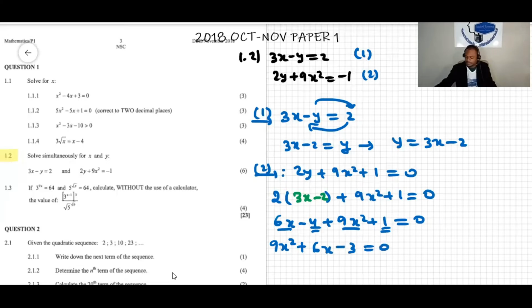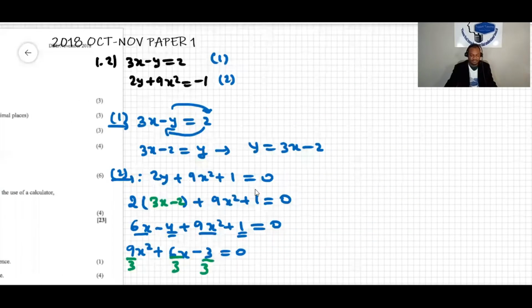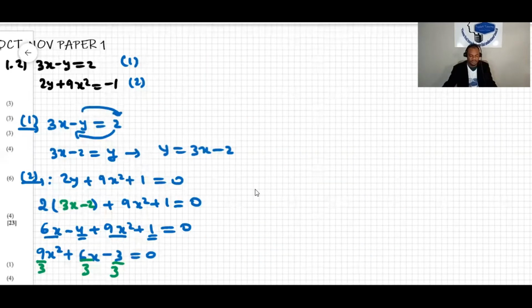Now we can notice that the terms of this equation are all multiples of 3. So we can divide each term by 3 to simplify the equation, okay?